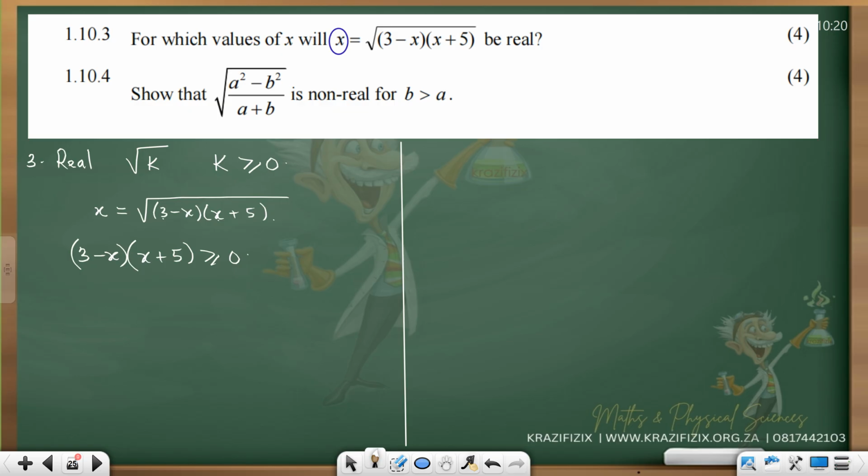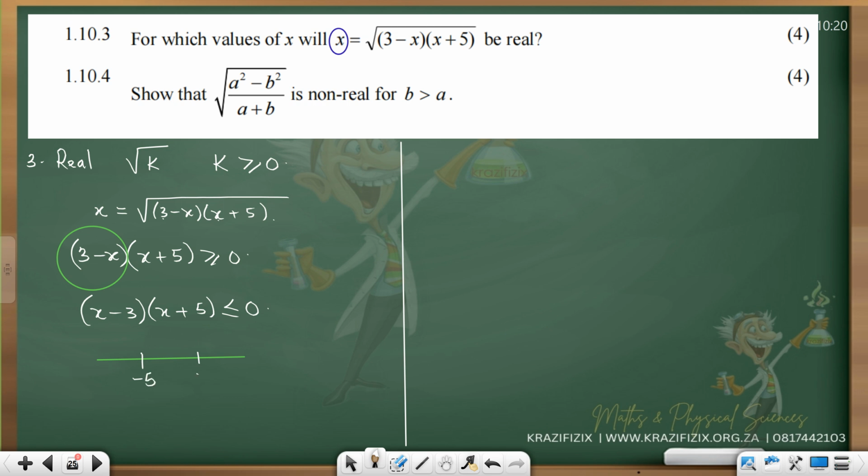Okay, so this takes us back to our inequality. Guys, remember, we have a problem. And what's our problem? This is not in standard form. So we have to change it by swapping it, x minus 3. And once I do that, what happens? My inequality sign changes. We did all of this when we're dealing with inequalities. So quickly, let's run.